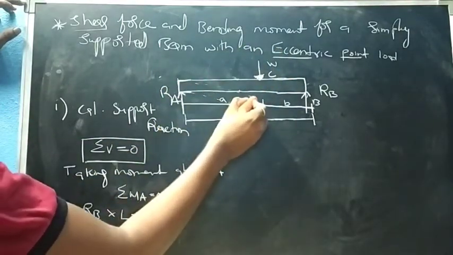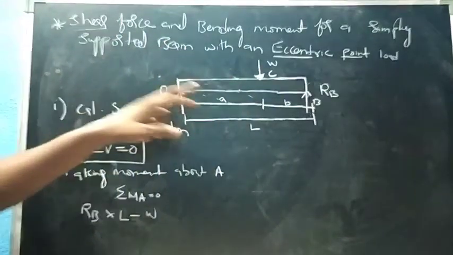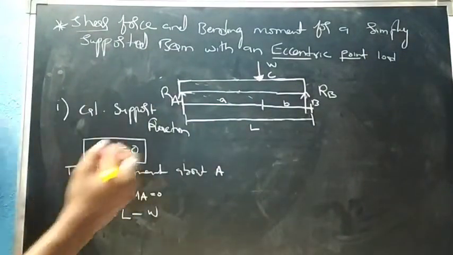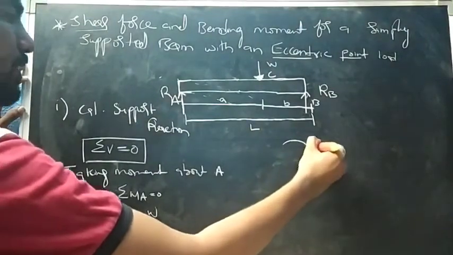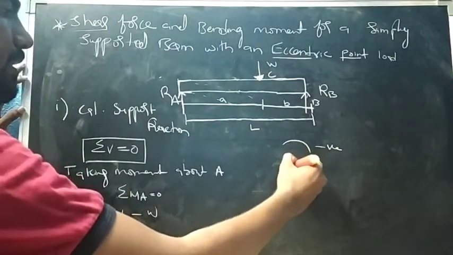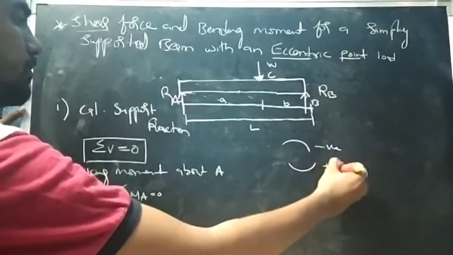We know that for hogging we take negative and for sagging we take positive.